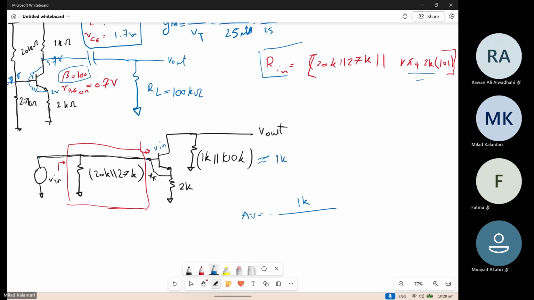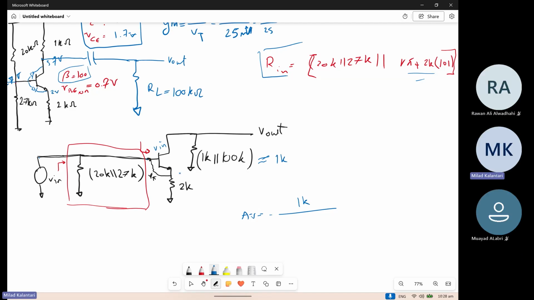right? We need to find this collector current from this Vin. So you can actually move everything to the emitter side first. If you move everything to the emitter side, then this R pi will be 1 over gm, right?